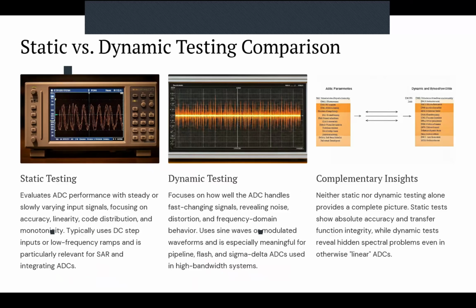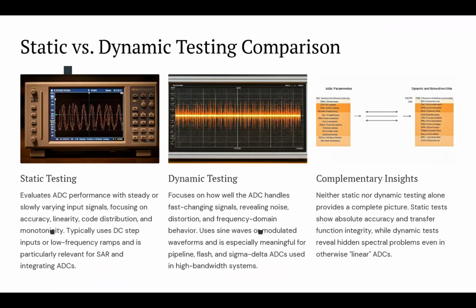Each method evaluates a different performance aspect. Static testing, we said, examines the ADC behavior when we have a steady or very slowly changing input. On the other hand, in dynamic testing, we have a high speed change in our input.